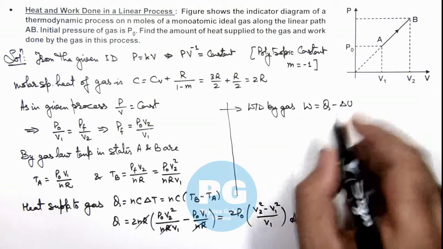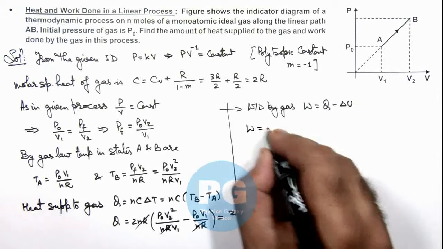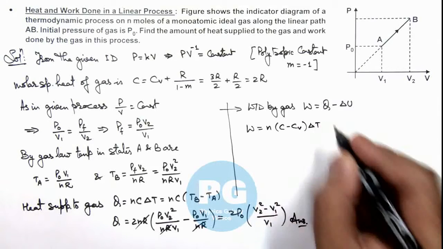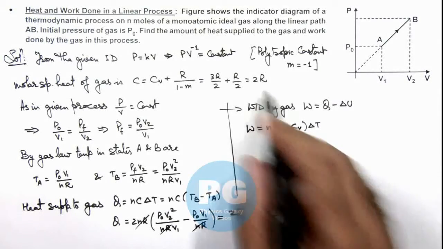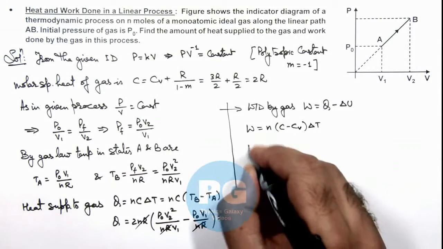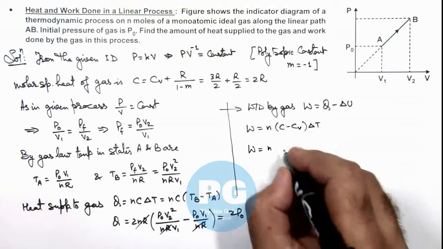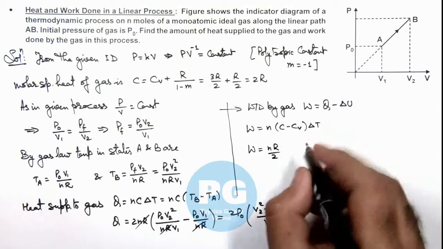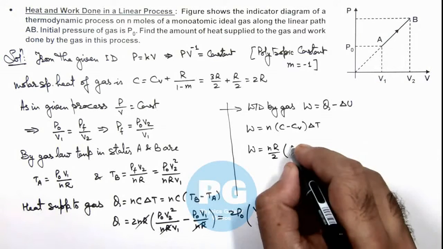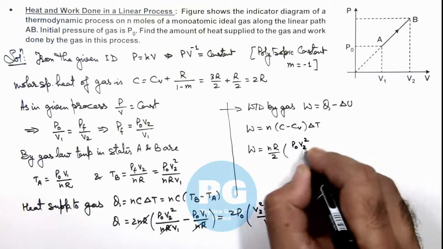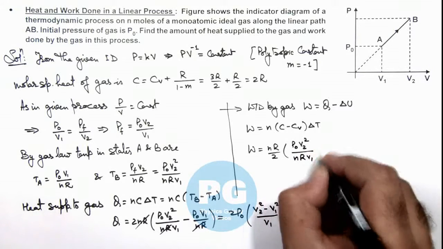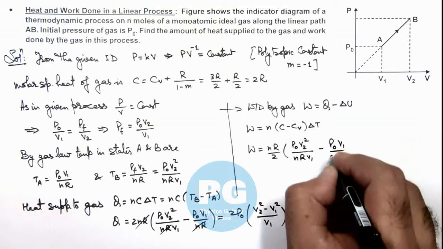So on substituting the value of Q and delta U, work done is n times C minus Cv multiplied by delta T. As C is 2R and the value of Cv is 3R by 2 for a monoatomic gas, here we can write work done as n multiplied by R by 2, and delta T is the same term we are writing over here, which is P naught V2 square by nR V1 minus P naught V1 by nR.